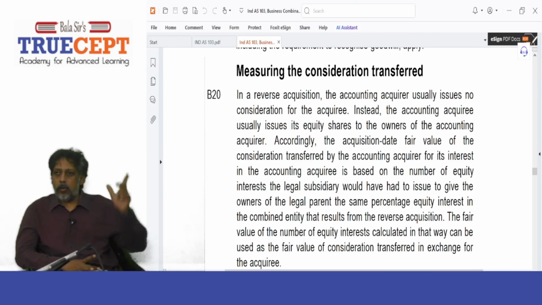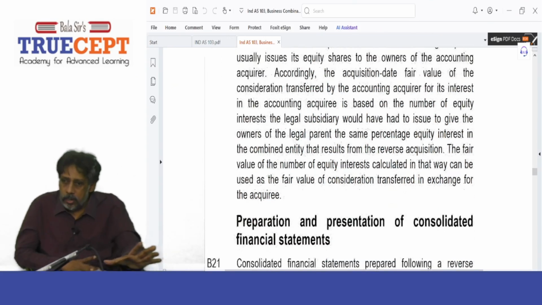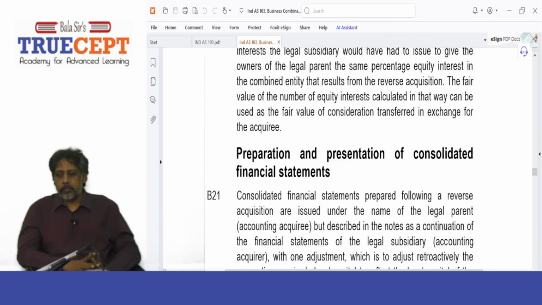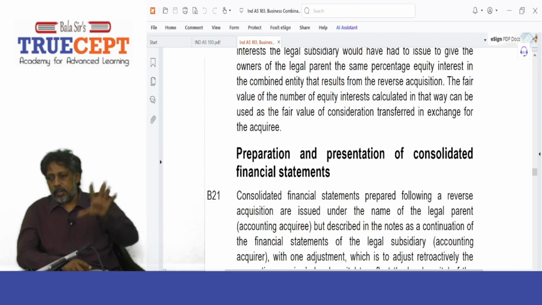So basically, I hold 40%, you guys will be holding 60%. Next. The fair value of the number of equity interests calculated in that way can be used as the fair value of the consideration transferred in exchange for the acquiree. So the 40 shares at rupees 40 per share will be used as purchase consideration, 1,600.